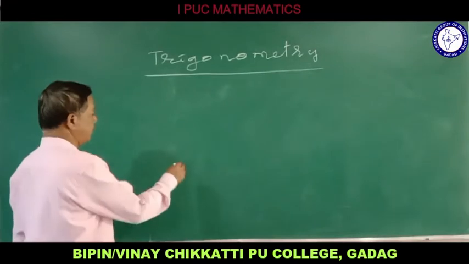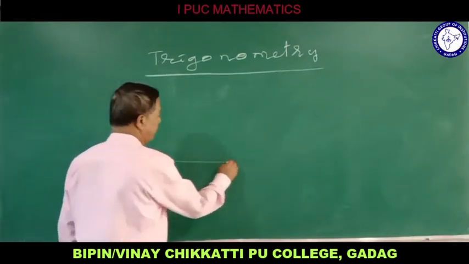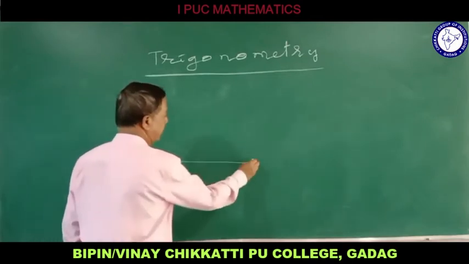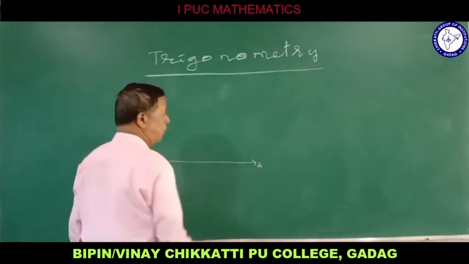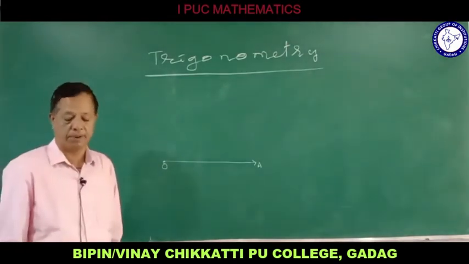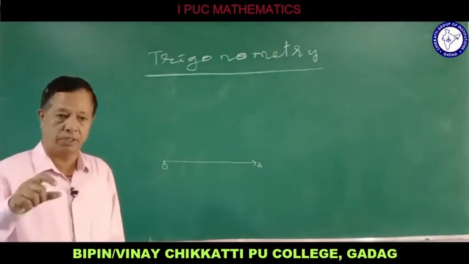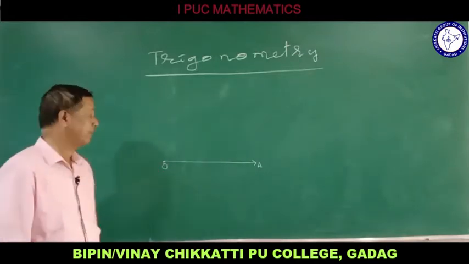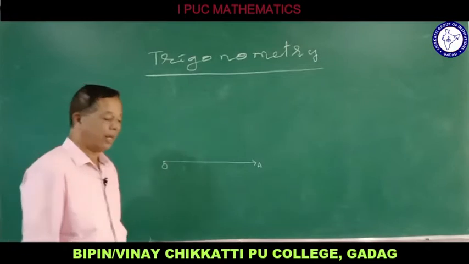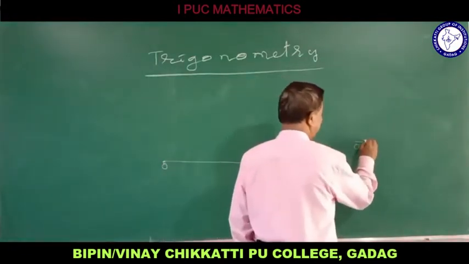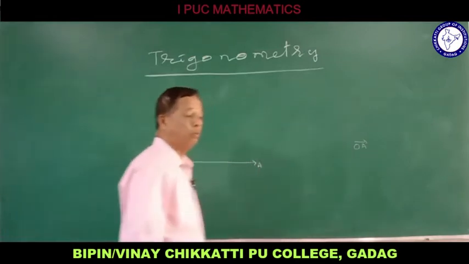Look here, if I take one ray, for example, OA is the ray. Why do I say the word ray? Because it has the direction. If it is shown by an arrow mark direction, at that time we say that OA is the ray. Generally we write the ray in this fashion with an arrow mark.